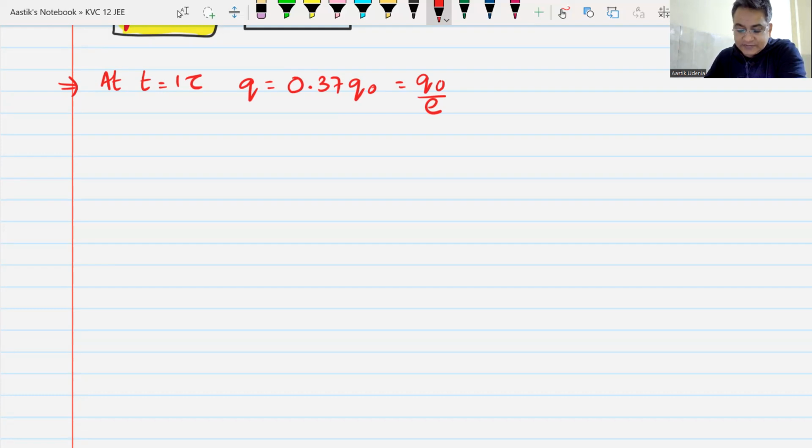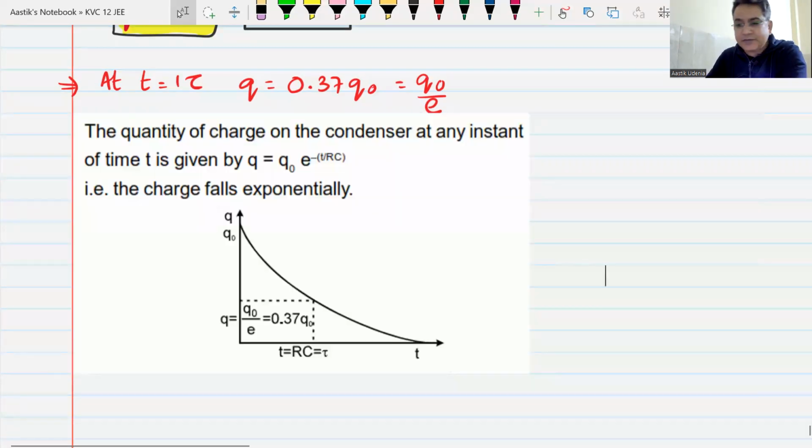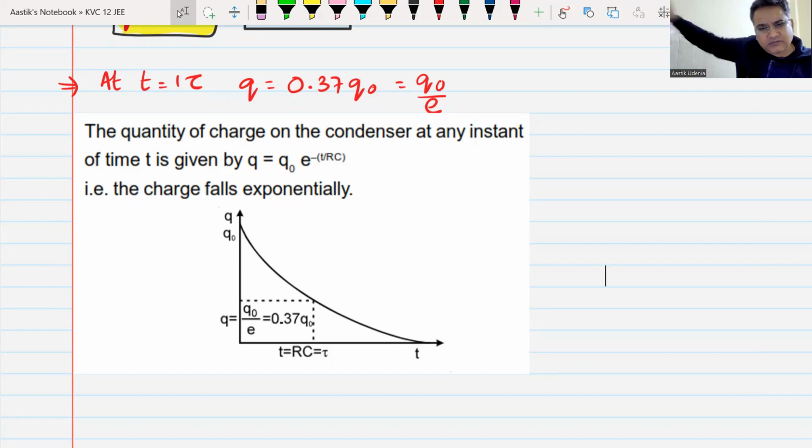And if you draw the graph between the charge and time, again it's an exponential graph, and the graph will look like this. After a very long time, the charge will become 0. Theoretically, it never becomes 0.